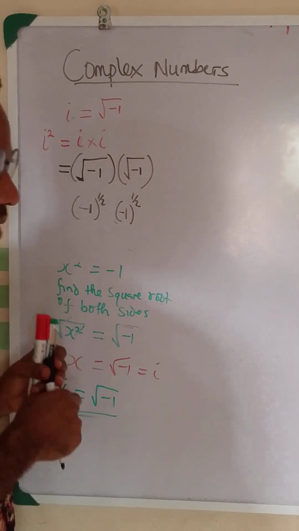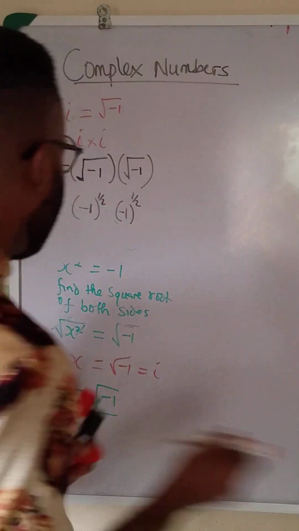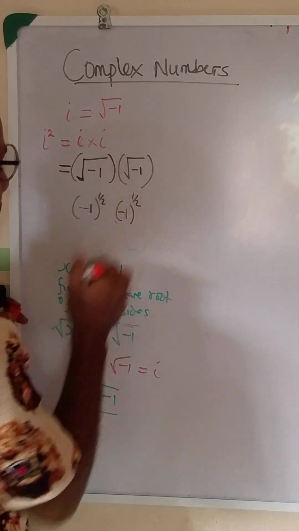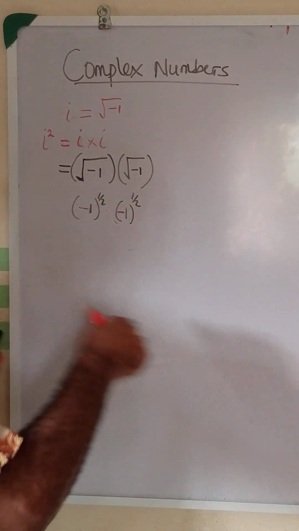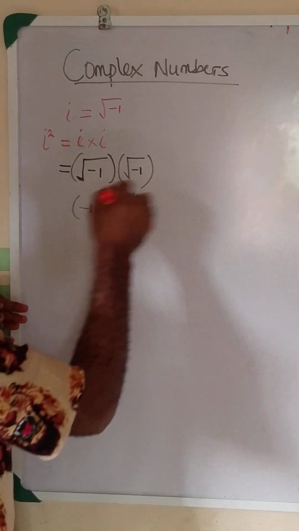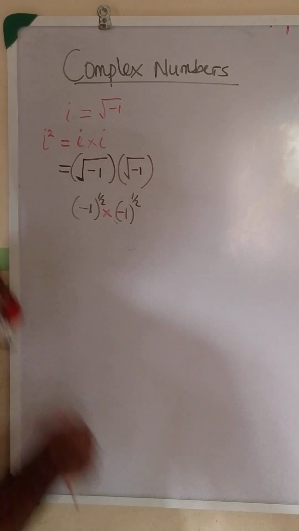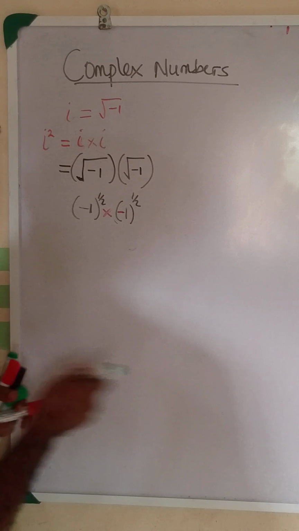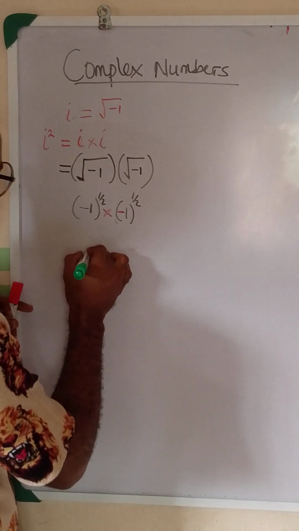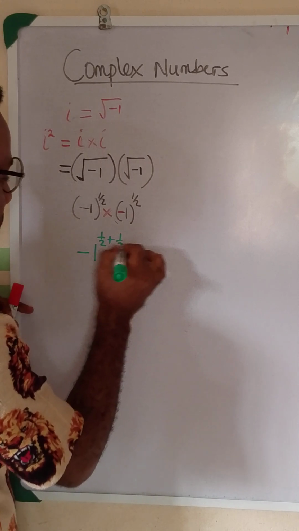Since we have that expression, from the law of indices, since the base is the same, we can add the powers because we have multiplication. So we take the base, which is minus 1, raised to 1 over 2 plus 1 over 2.